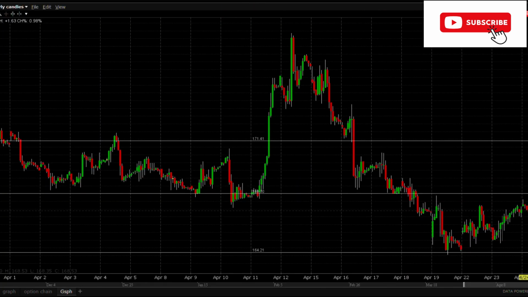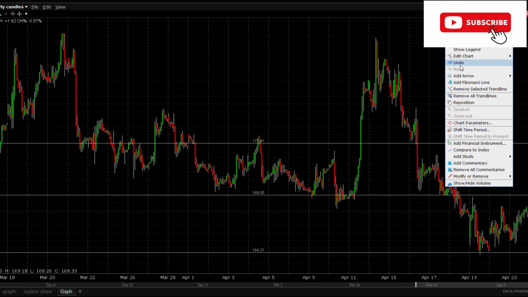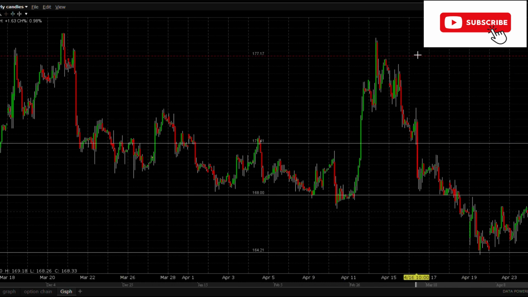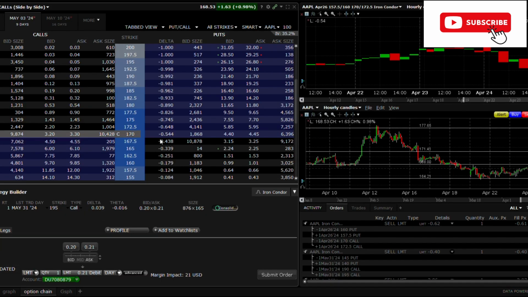So after 171, what is the other big level here? Another big level is here, 177.50. This is a big level, so 177 is a good one.